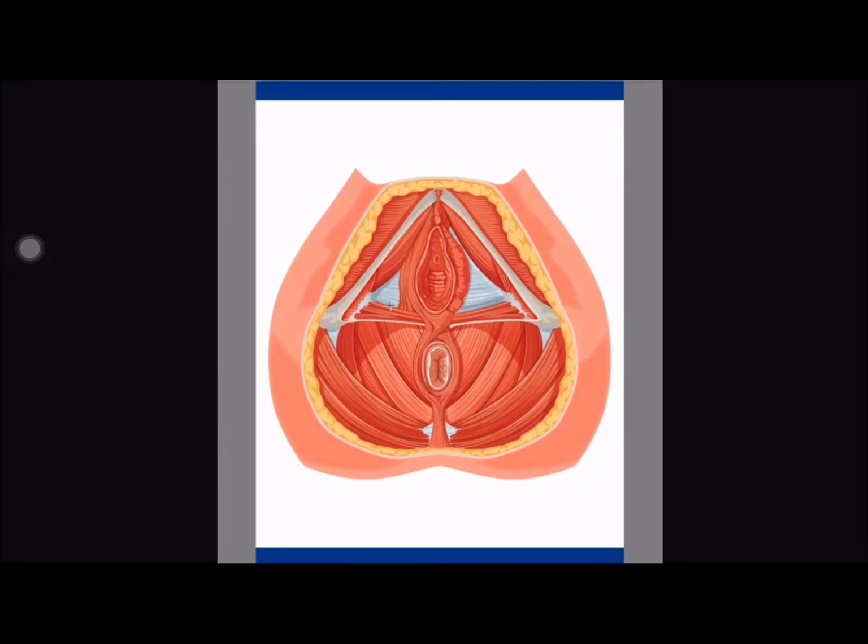There's muscles that go around all of the openings of the vagina and the urethra. And then muscles here that go around the anus.